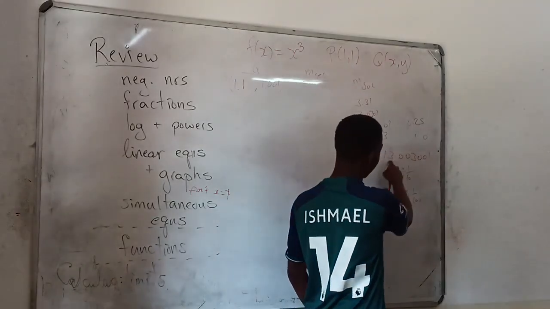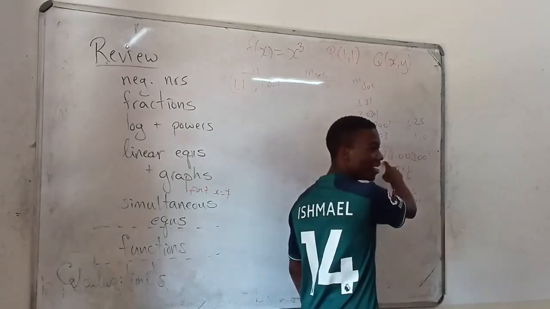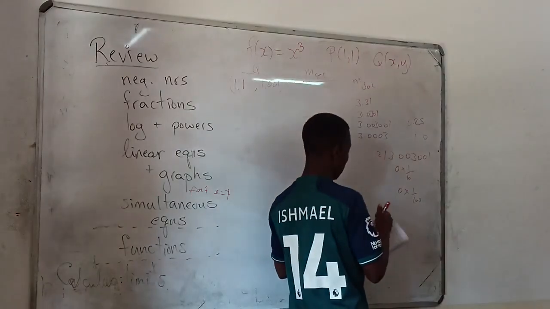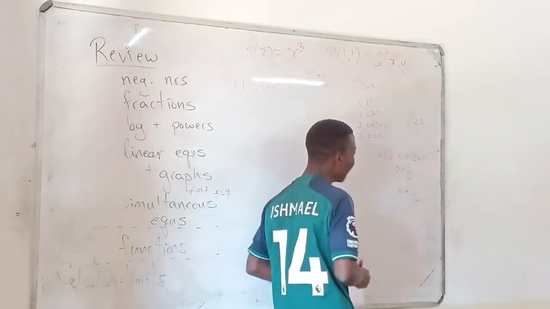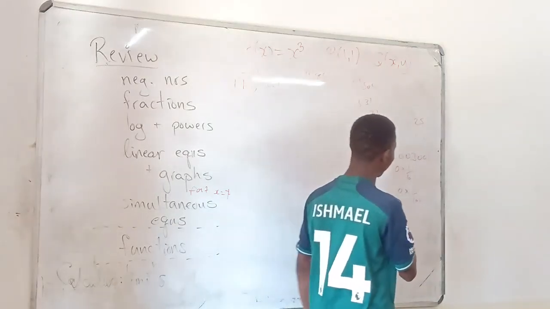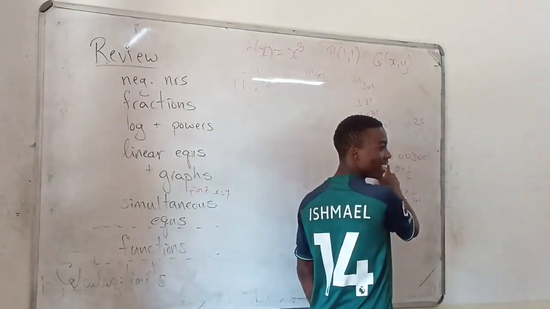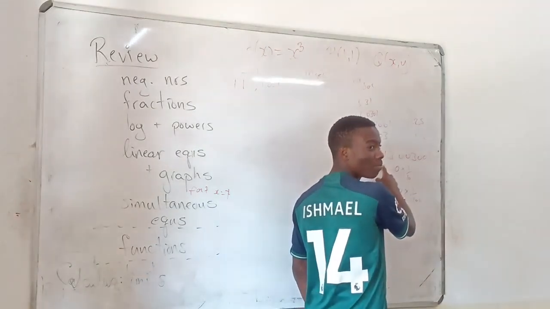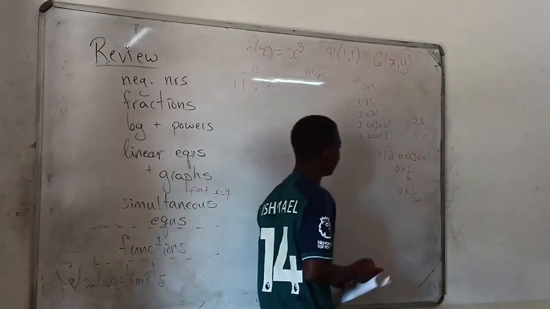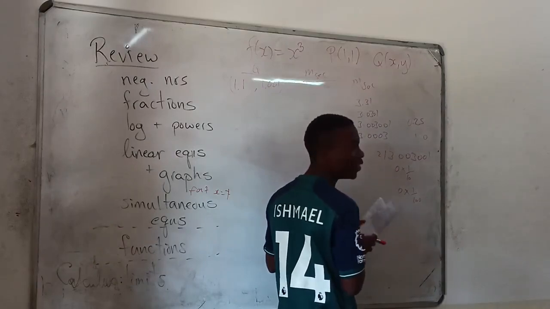Yeah, 10. 100,000. Yeah. So, ones, tens, 100,000. Millions. Like that. Yes. Do you know?